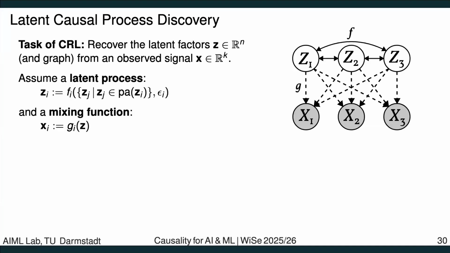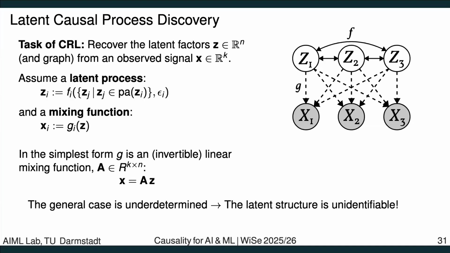So basically, we observe these X's, and they might be an arbitrary combination of these set variables via this function G. So this is the setting, even in temporal settings and so on, that is commonly assumed. And in the simplest form, this G is some linear transformation, so just a matrix multiplication.